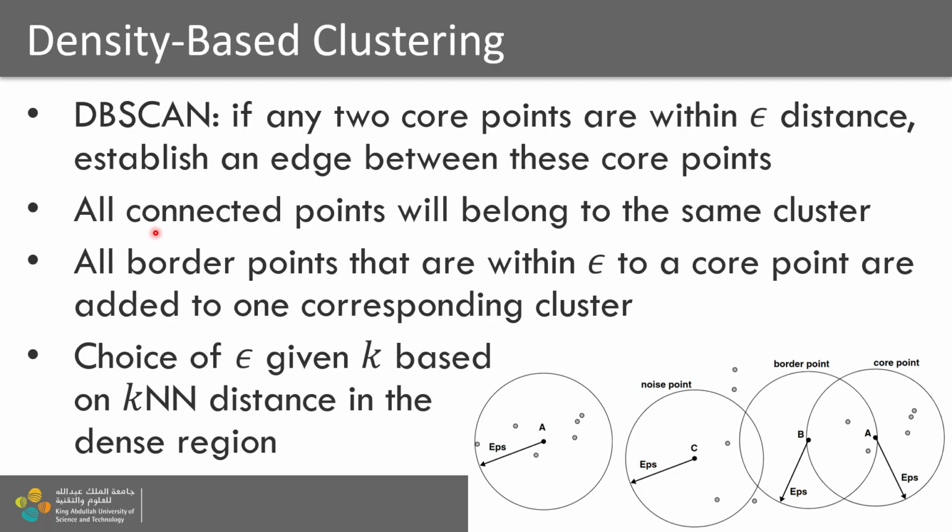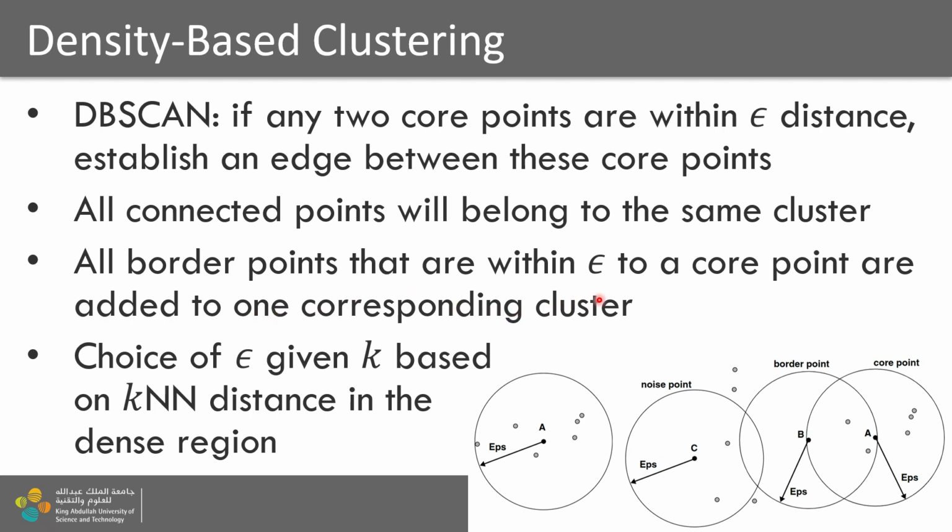Basically, DBSCAN performs a connected component analysis, and each connected component forms a cluster. Then to this initial cluster, we add all border points that are within epsilon of a core point, because these border points could be close to two regions or clusters of core points, but can only be added to one, maybe the one to which they are closer.